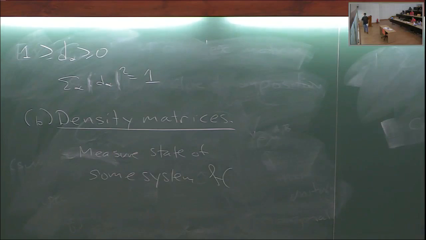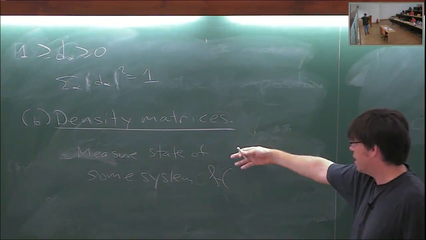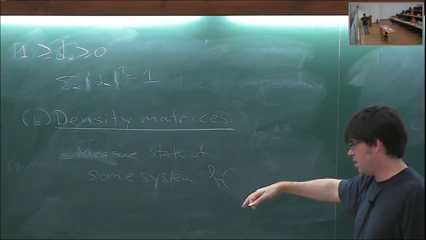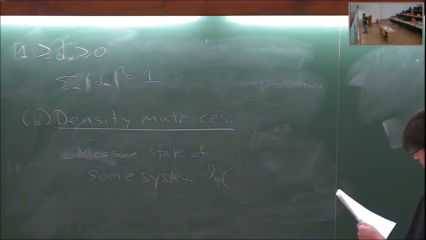I'll get the same sort of mathematical construct, and I'm going to approach the uncertainty in two separate ways, by saying there's two things that can happen.